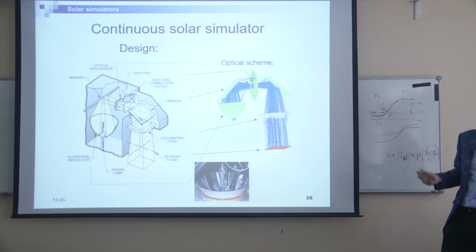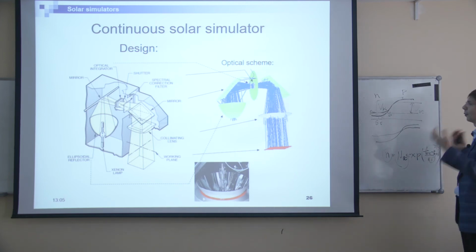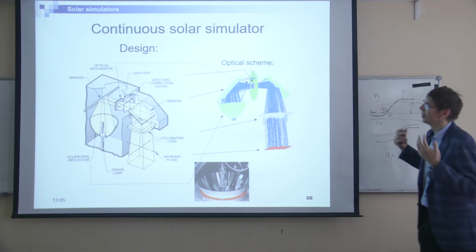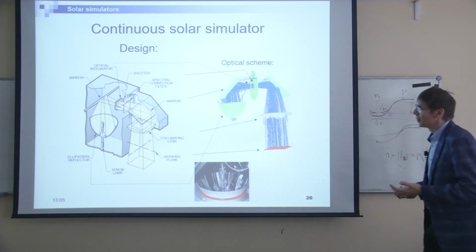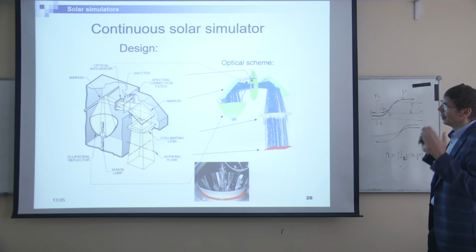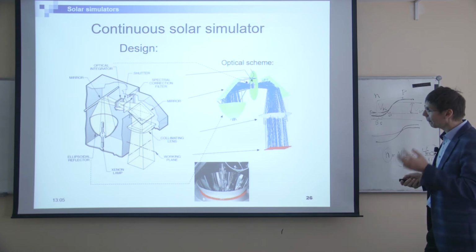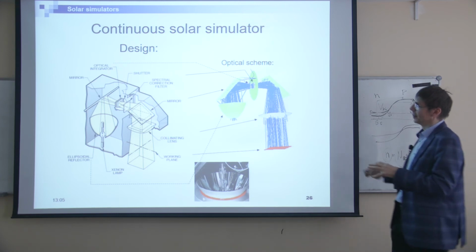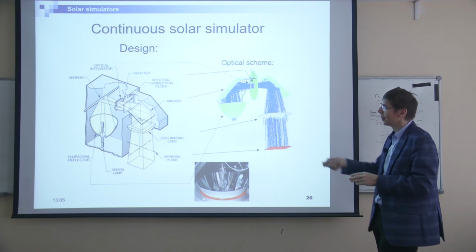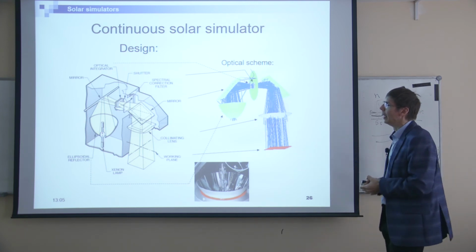What is a solar simulator? How does it work? What is the design? So here is the usual classical design for a continuous solar simulator. The heart of this simulator is a xenon lamp.